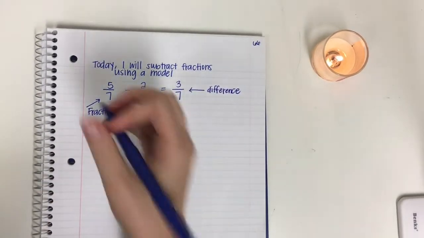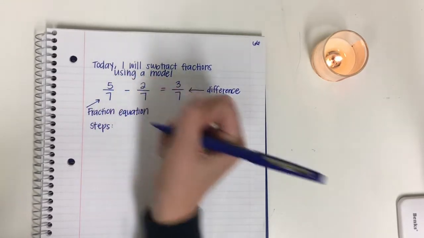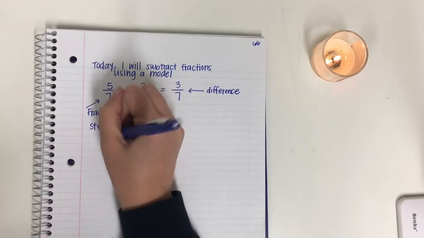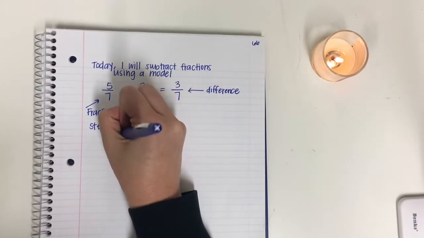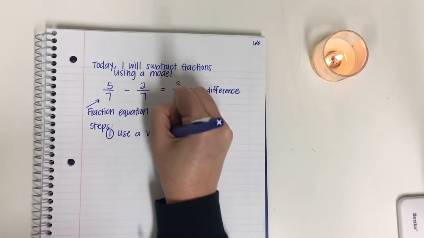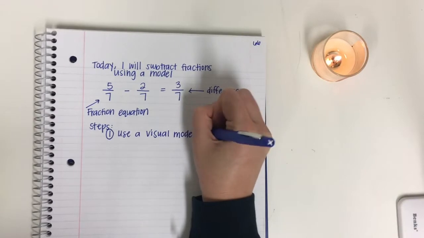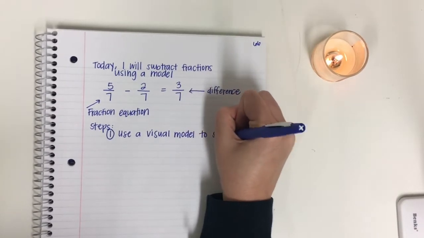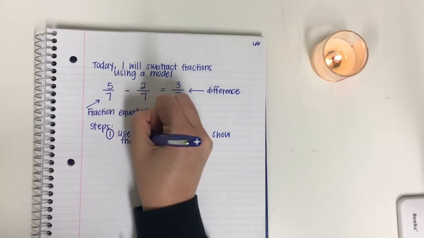Okay, so let's look at some steps on how we can subtract using a model. So step 1, we only have 2 steps for today. Step 1 is to use a visual model to show the first fraction.